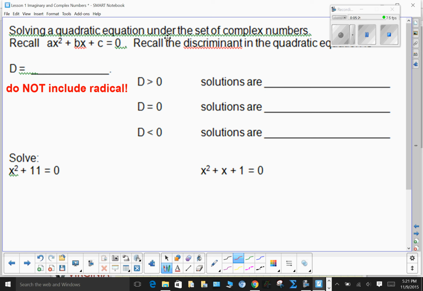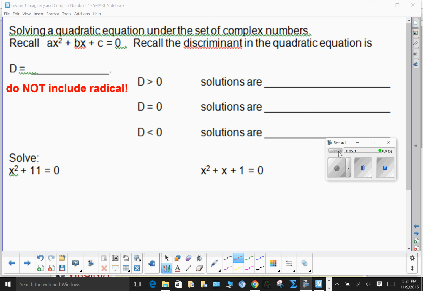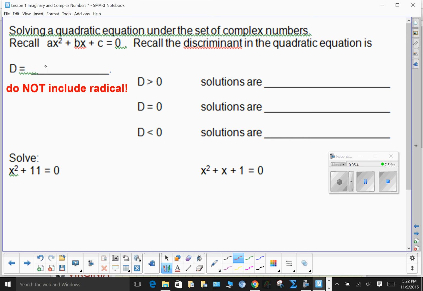Solving a quadratic equation under the set of complex numbers. Remember that the discriminant helps us to figure out what type of solutions we have. When I solve a quadratic equation under the set of complex numbers, I have ax squared plus bx plus c equals 0. The discriminant is equal to b squared minus 4ac.